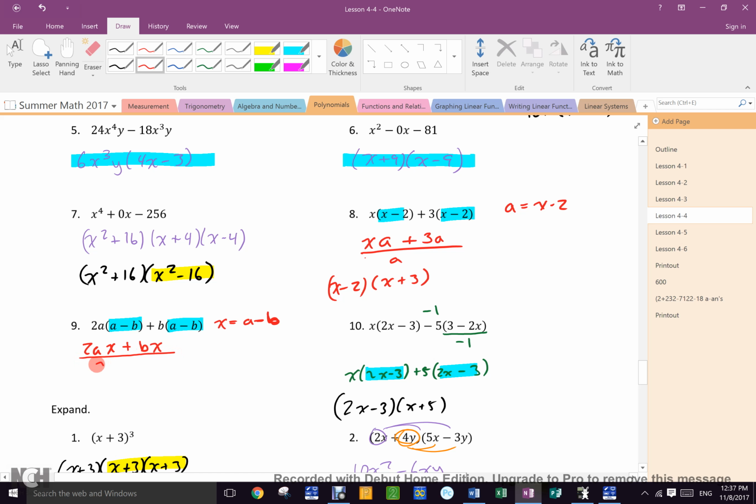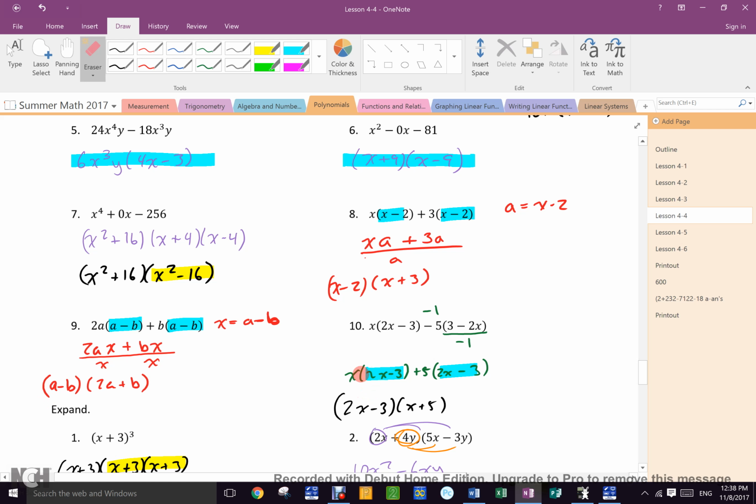So I'm going to divide by x. And I put the x out front. And what's 2a plus b, correct? But x, there's no x's in here. What's x really? a minus b. So I rewrite that as a minus b. Is everybody cool with that?